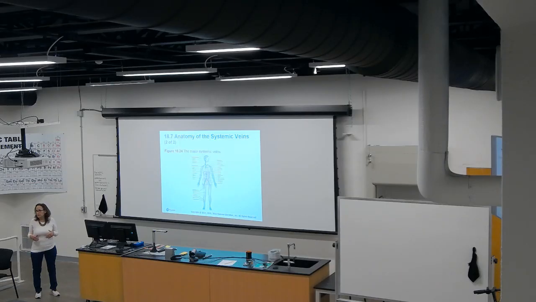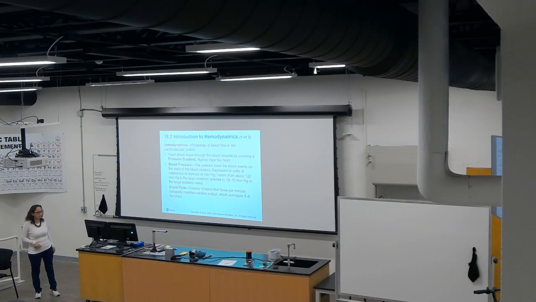Both common iliacs drain basically the blood from the pelvic area and the lower limb, and then they merge and form the inferior vena cava. The inferior vena cava receives the blood not only from the common iliacs, but also from all the veins that we have in the abdominal area. So we will see more details about those veins later.